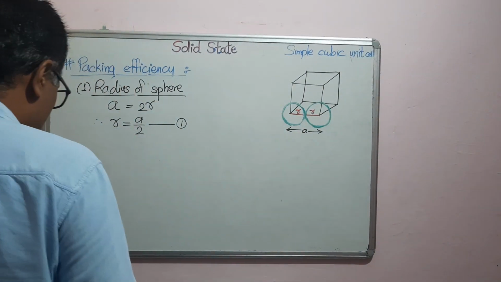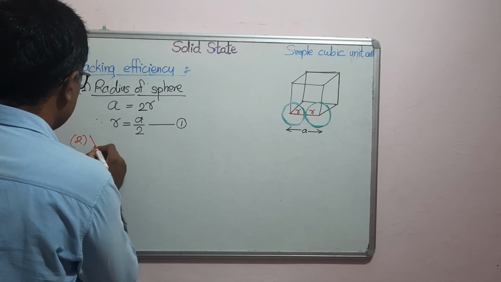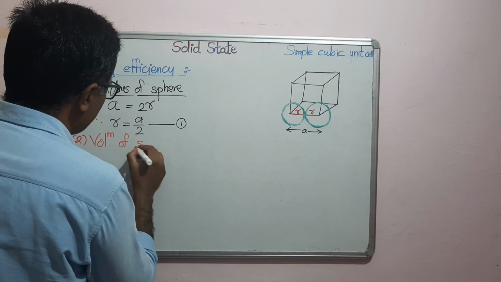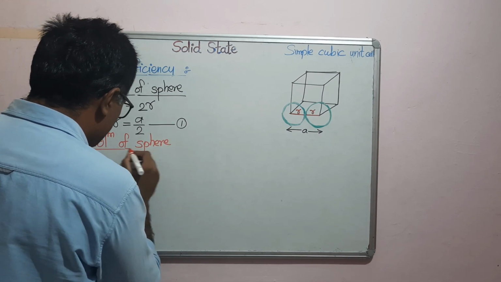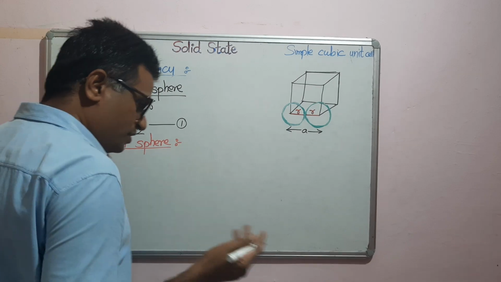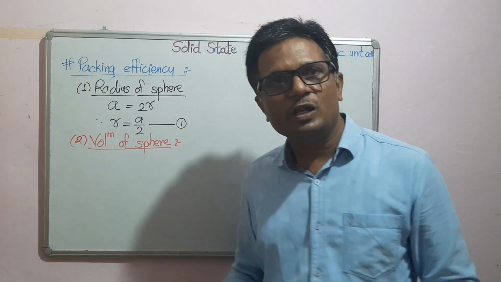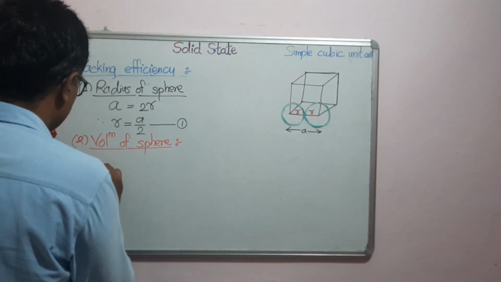Once you have the first step, the second step is the volume of the sphere. We have assumed that these particles are hard spheres. So how do we find the volume of the sphere?